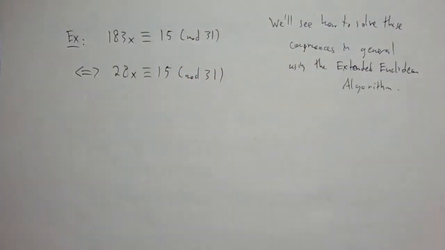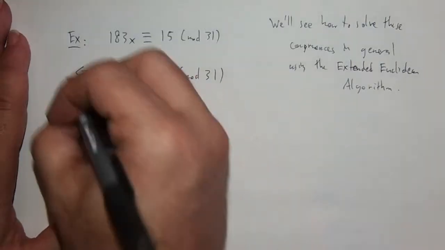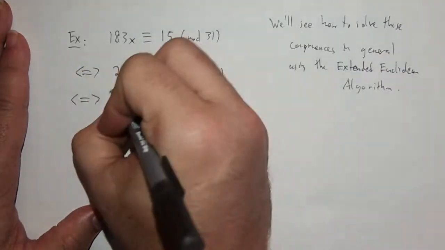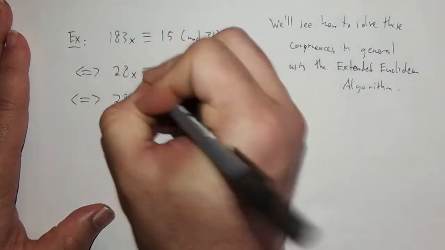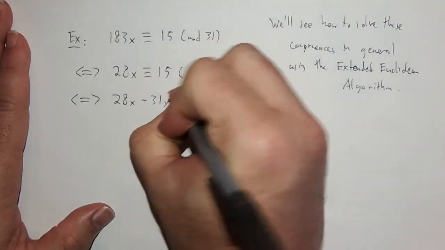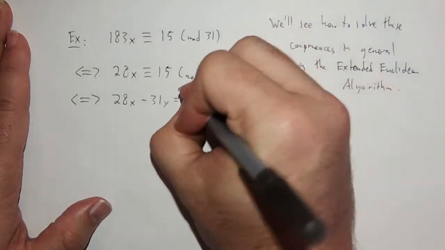Of course, in general, maybe you have to reduce both sides here. So I begin by reducing everything mod 31. Once I've done that, I change this to a linear Diophantine equation. This is equivalent to the equation in my proof, 28x minus 31y is equal to 15.